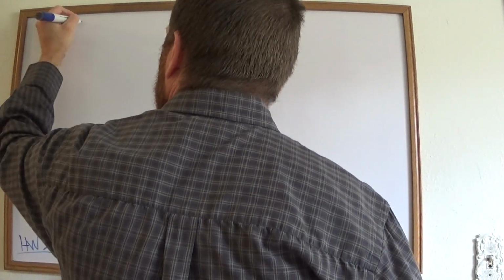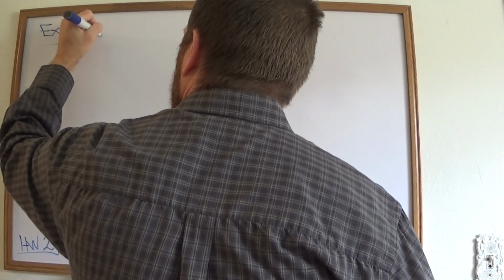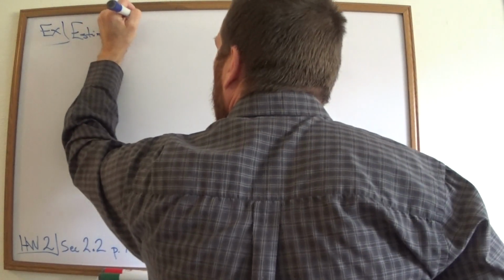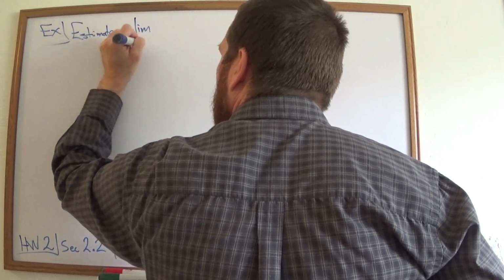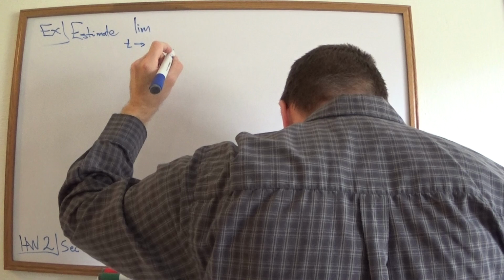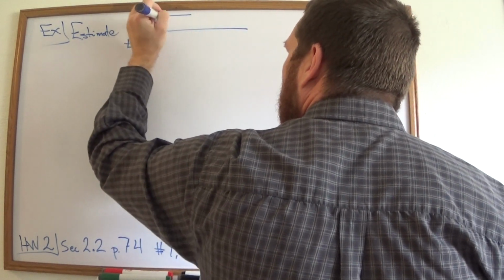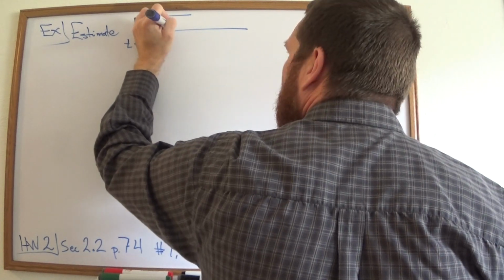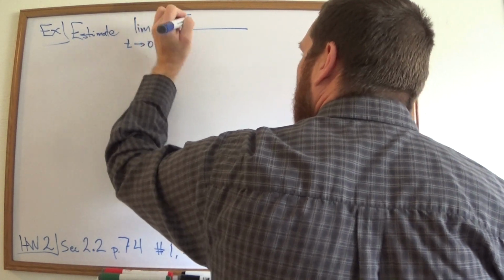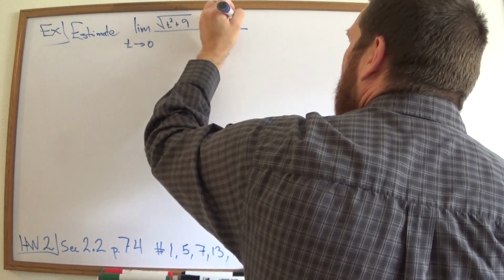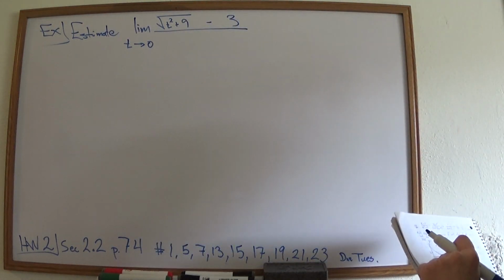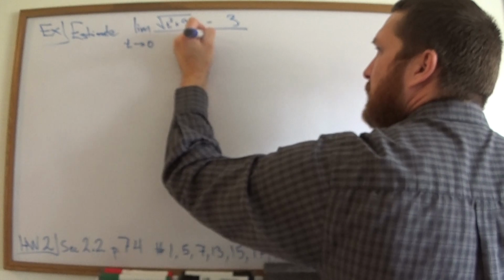We're going to estimate this limit: the limit as t goes to 0 of the square root of t squared plus 9, minus 3, all over t squared.